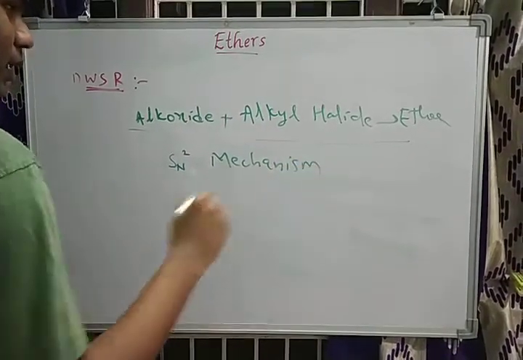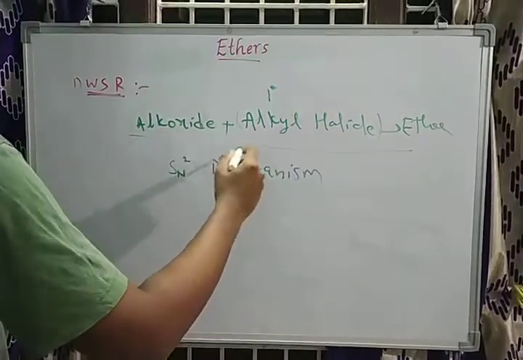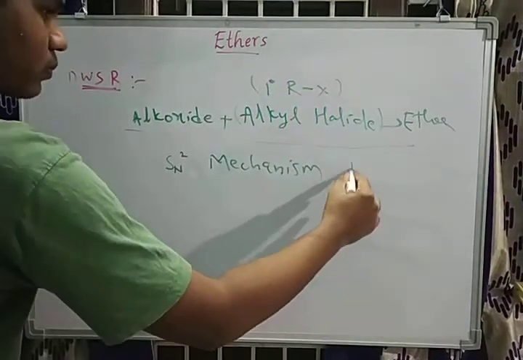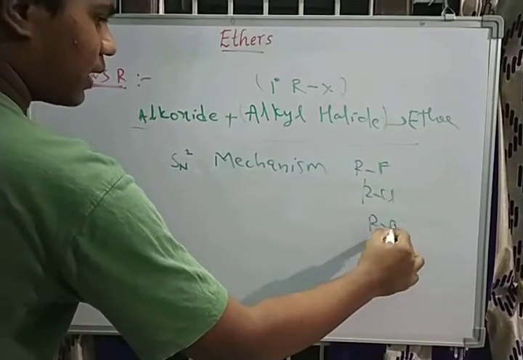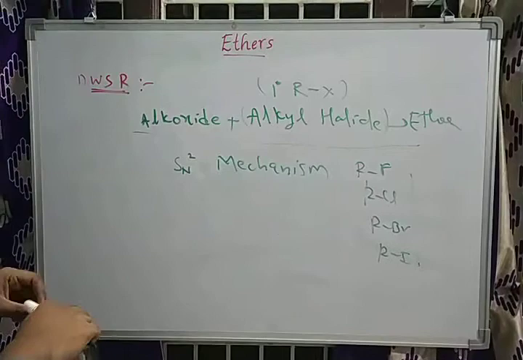Mainly, the alkyl halide taken must be a primary alkyl halide, 1 degree RX. So that is RF, RCl, RBr, RI. These are primary alkyl halides.